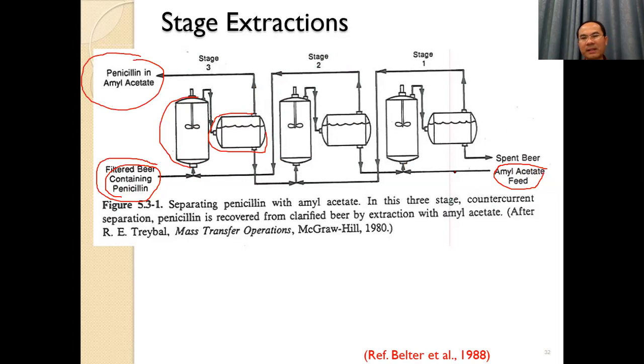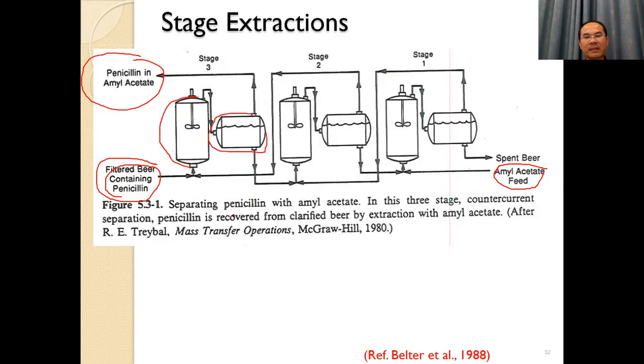For this case, the feed is mixed to the raffinate phase from the first system. The raffinate phase, or the heavy phase, has some amount of penicillin in it. We would like to remove more penicillin. We use it to contact with the solvent. For this case, the solvent comes from the first step. This is the solvent extract phase.